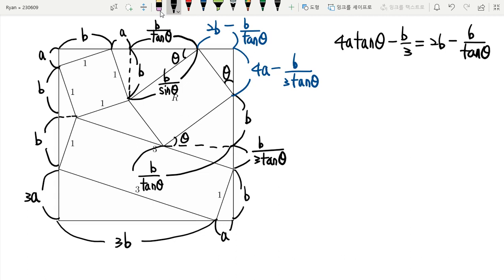And then b is 3 times a, so we can change b to 3a.